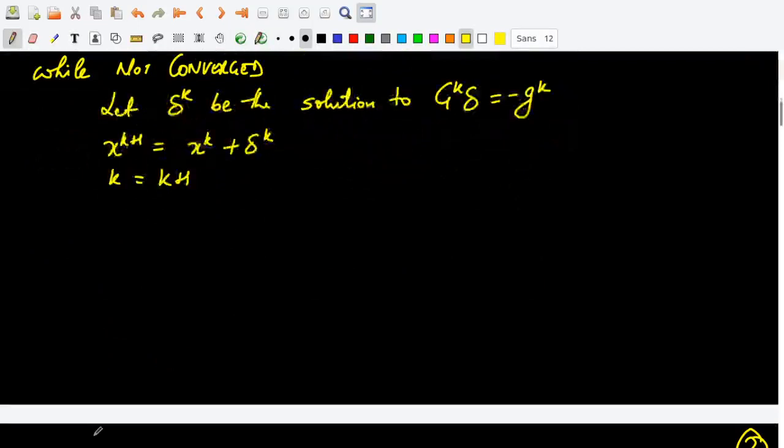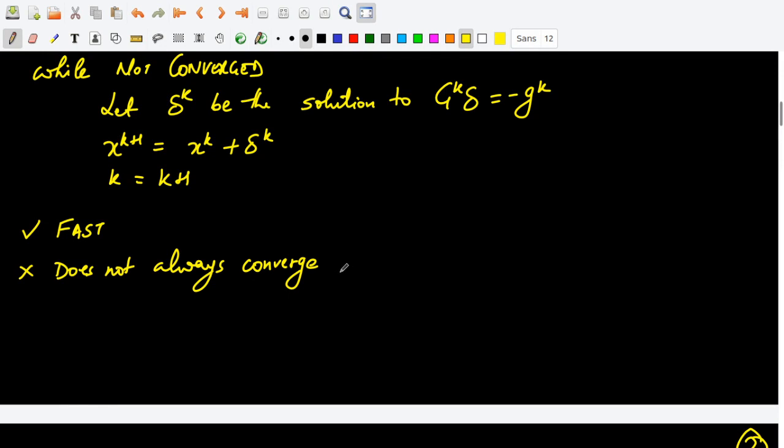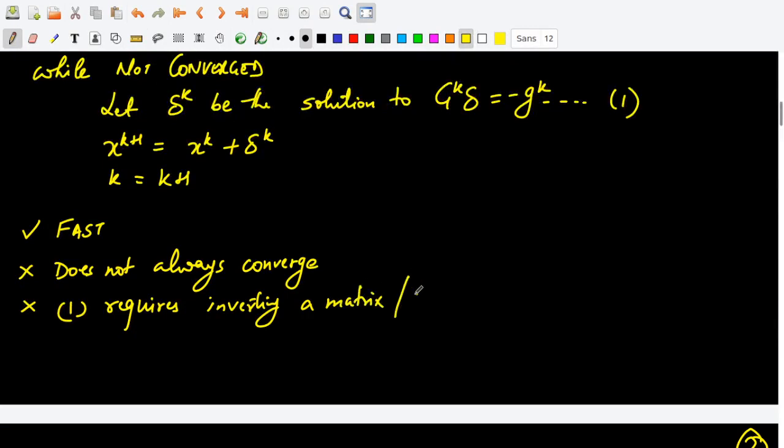What we learned last time was that this is fast, but does not always converge, even for the case when the Hessians are always positive definite, and step number 1 requires inverting a matrix or solving a system of equations.